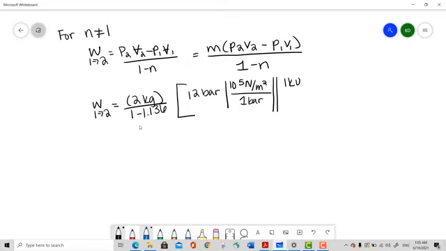I just have it in my notes, so I might as well. Okay. And then we've got 0.02051 meters cubed per kilogram. Let me make sure that's right. 0.02051. Yep, okay.